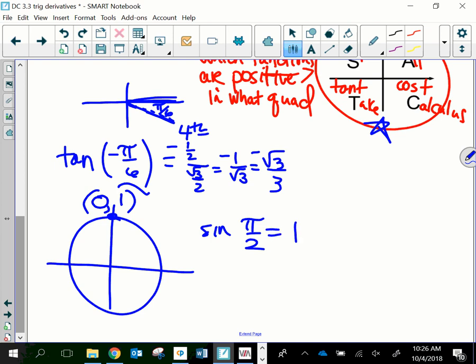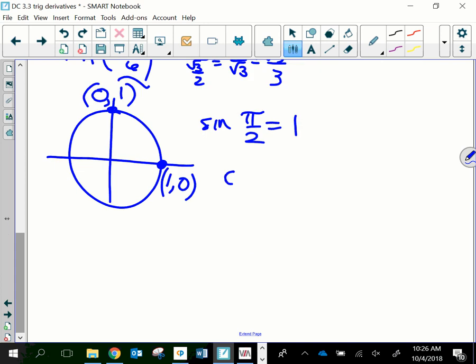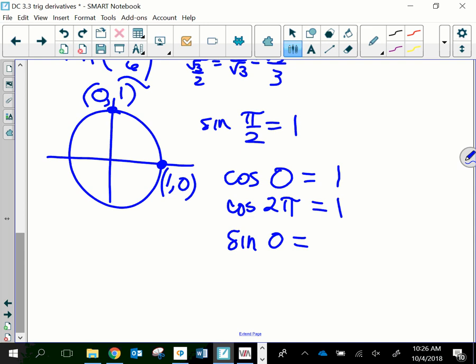All right, what's the coordinates of that point? 1, 0. So what do we know here as far as cosine of 0? It would be 1. What's the cosine if I go around and just stop at the same spot? Still 1. Okay. What about the sine of either of those? 0.